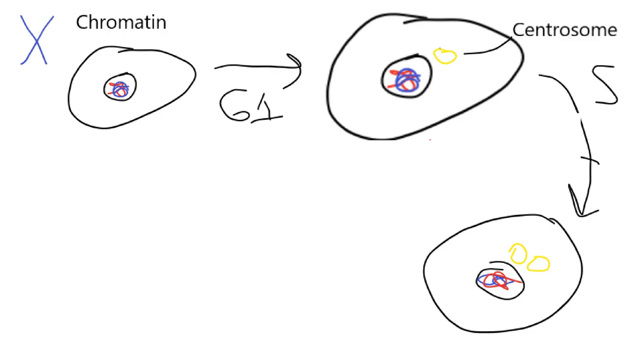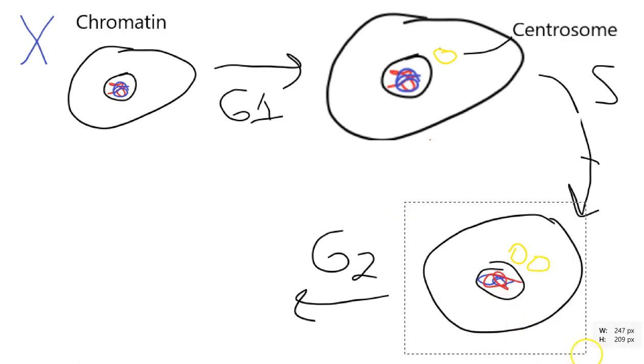The next thing that's going to happen in interphase is just another growth phase, okay? We call this G2. So here's G2, and as you may guess, the only thing that's really happening here is that the cell is just continuing to grow.